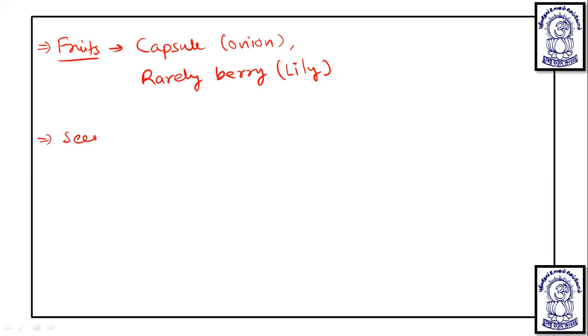After fruits, if we talk about seeds, the seeds have endosperm after the embryo development, so the seeds are endospermic or endospermous. Okay, so these are the floral characteristics found in the Liliaceae family. Now after discussing the floral characters, let's discuss the vegetative character.